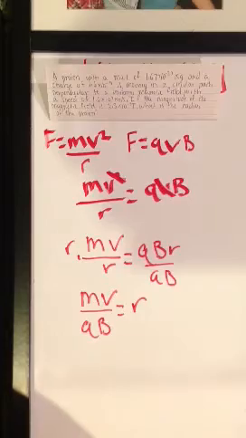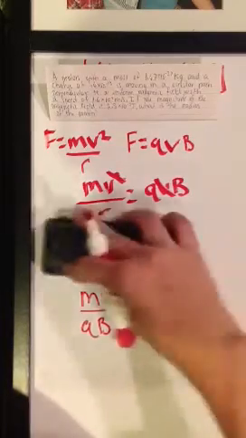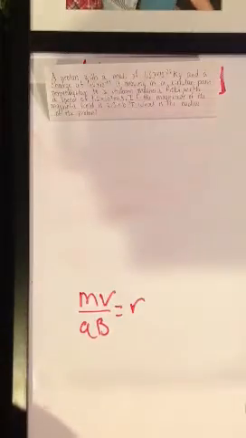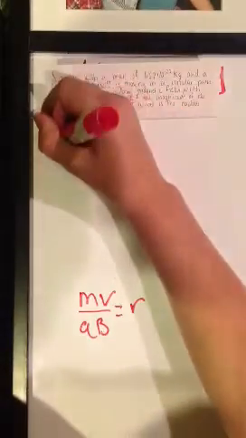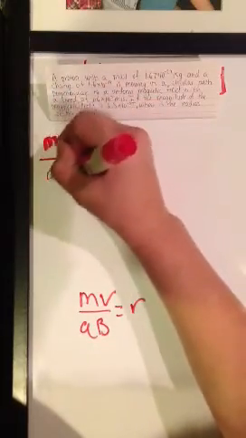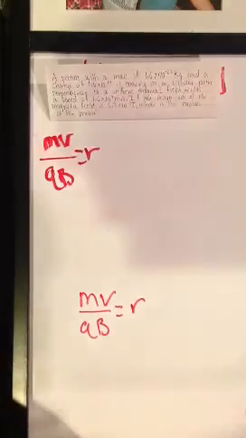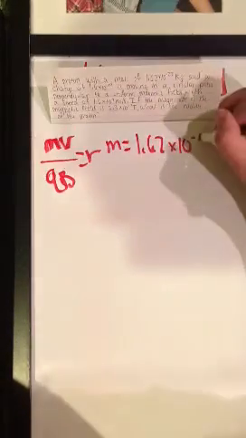So now that we have our equation, we can plug in all of our variables. So we're going to use mv over qB equals r. The mass of this proton equals 1.67 times 10 to the negative 27 kilograms.